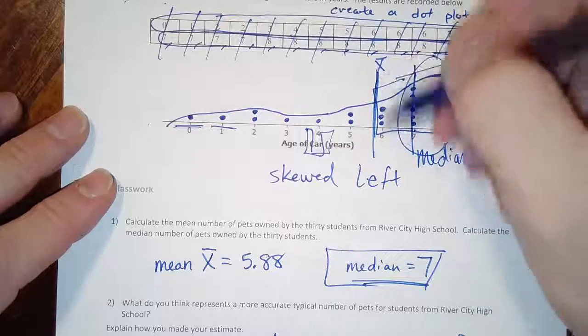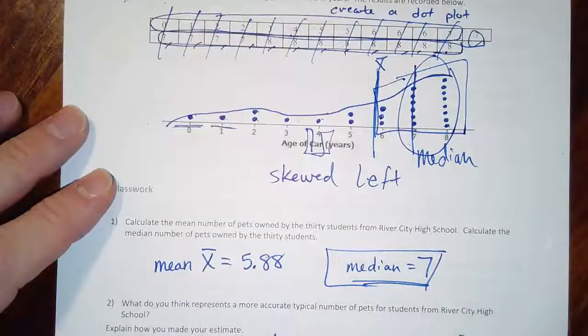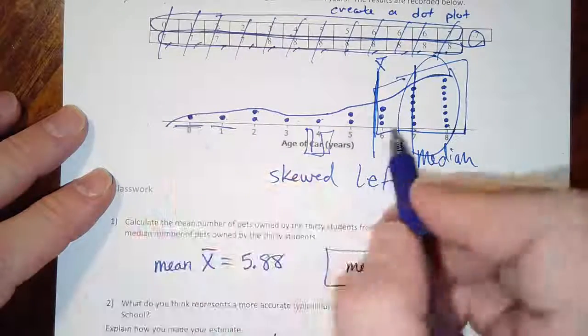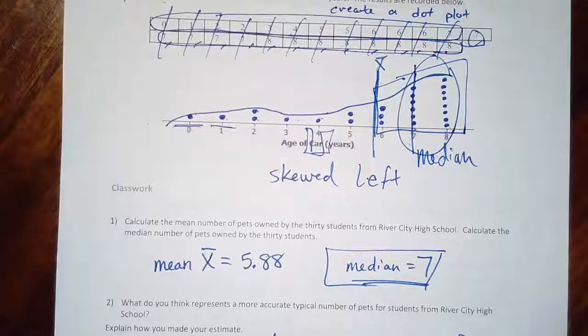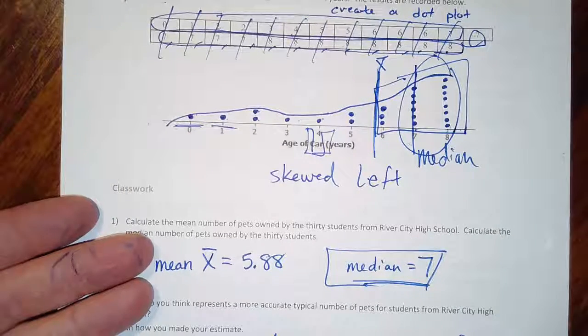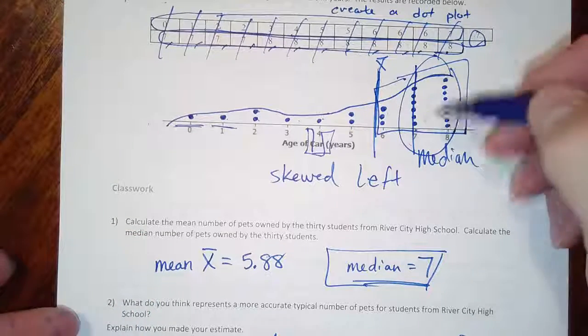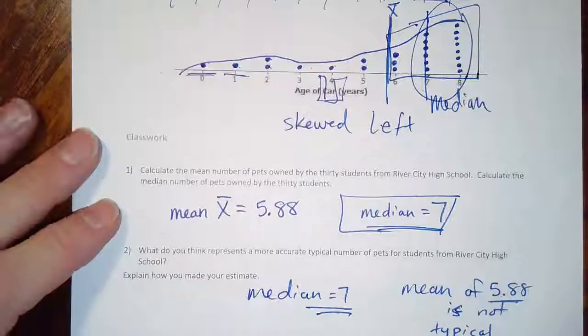So it's not really the middle. So that's the other part, not in the middle. Typical would be at or near most of the numbers. Median totally does that. So if I can make an equation then: if skewed, don't use mean, use median. Right?